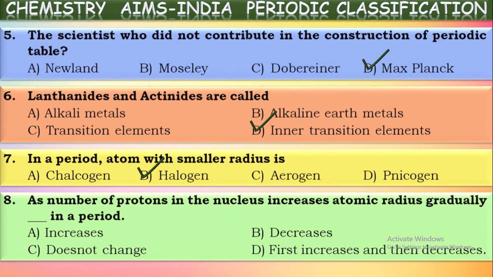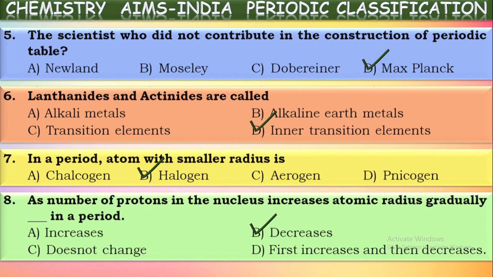Just now we told, in a period from left to right atomic size decreases because even though the atomic number is increasing, nuclear charge increases, and the attraction between the nucleus and the outer shell electron cloud increases, and hence the size of the elements decreases. So as the number of protons in the nucleus increases, size decreases in a period.